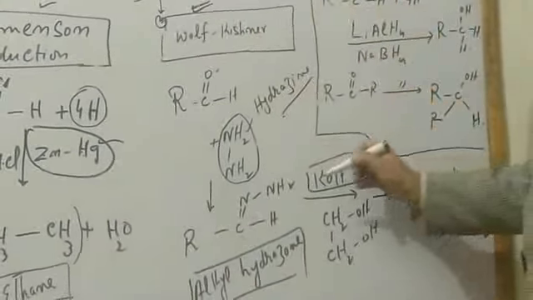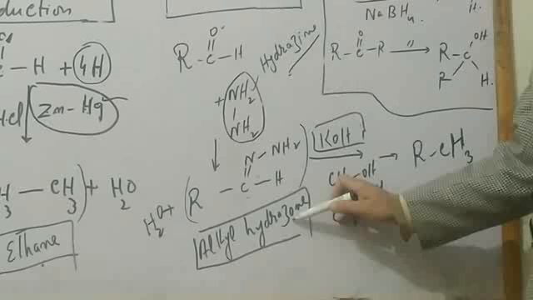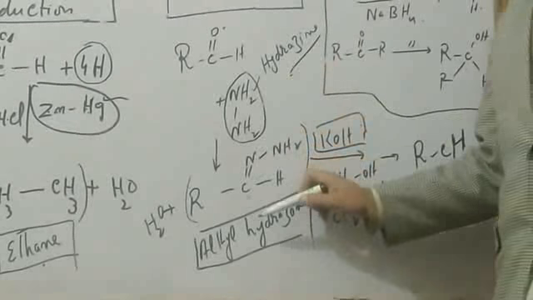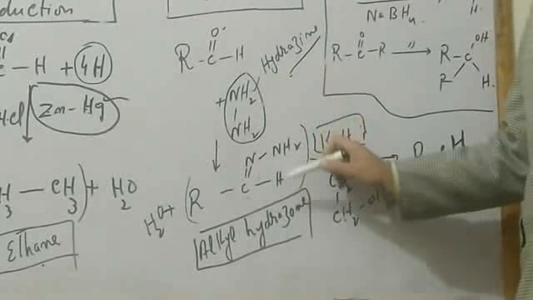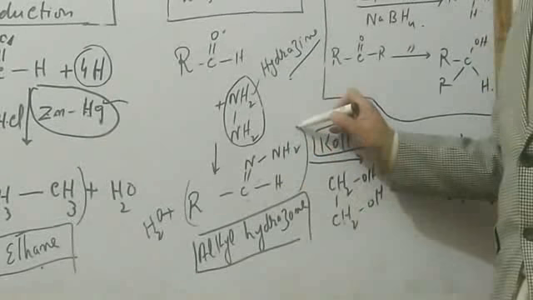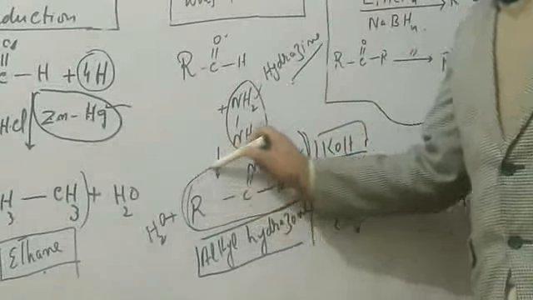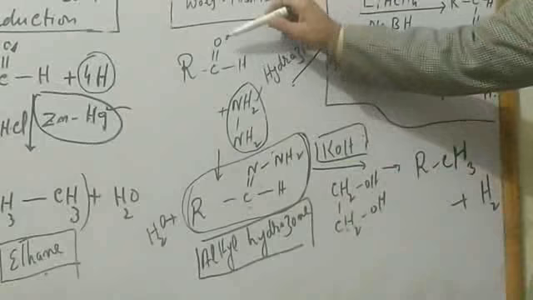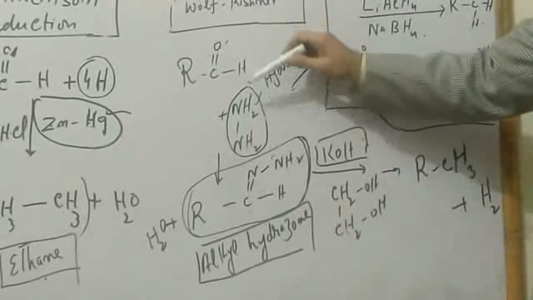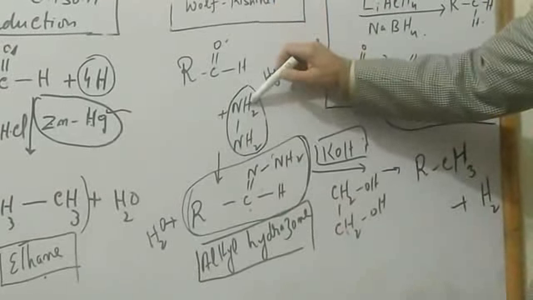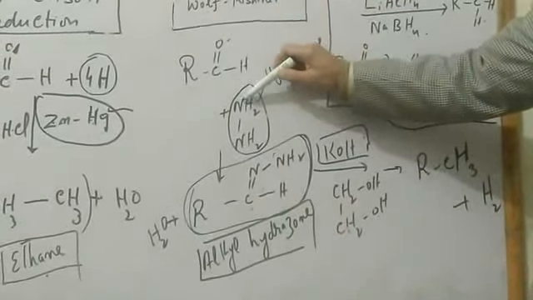This compound is called alkyl hydrazone. And in one of the entry tests, it was asked which of the following is alkyl hydrazone. So keep in mind the formula of this alkyl hydrazone. Again, I will repeat: oxygen is removed from here, two hydrogens are removed from here. This nitrogen becomes double bonded with this carbon and you get this compound, called alkyl hydrazone.